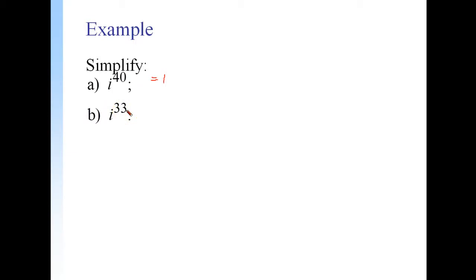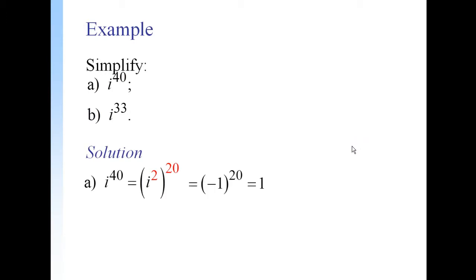Now for i to the 33rd, well, we got i to the 32 times i. The i to the 32 is divisible by 4, and that's just going to be 1. So all of this is going to be just i. They're doing it a little different way, but that's fine. 1 and i.